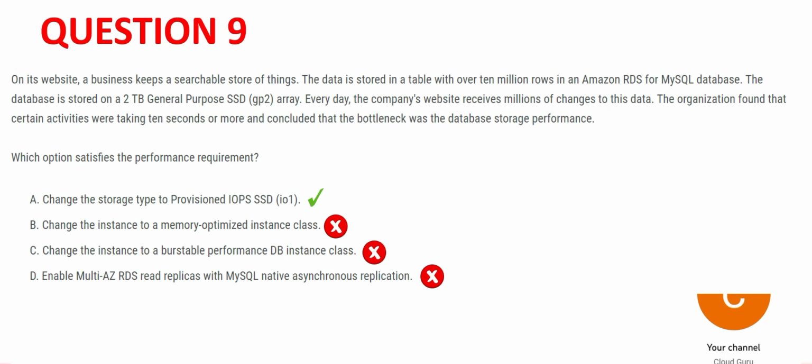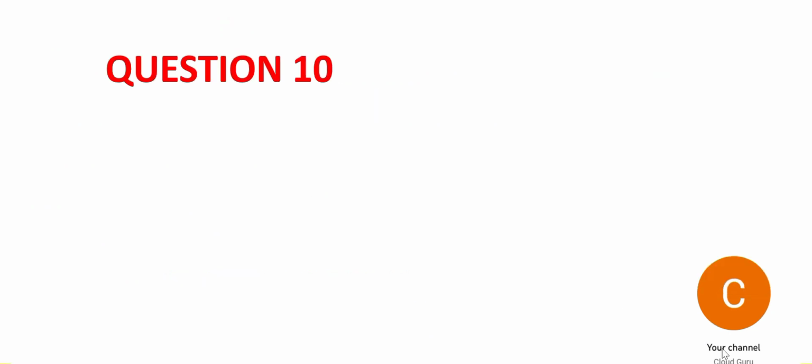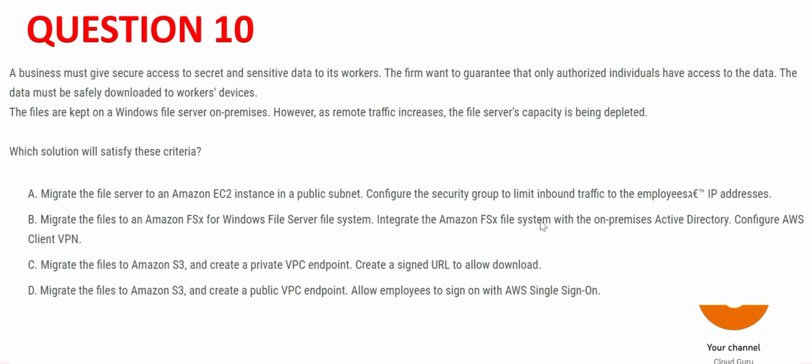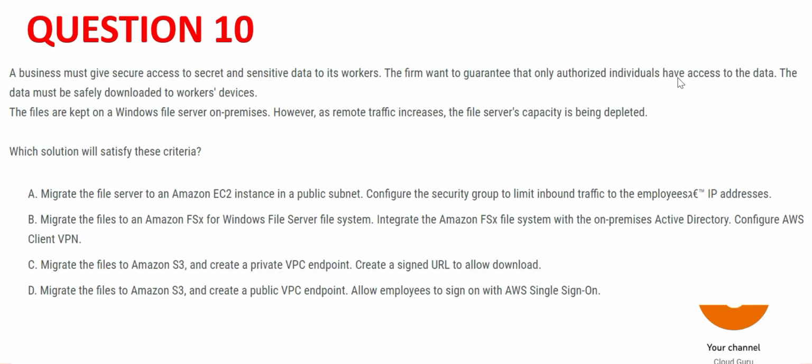Let's look at question 10. You may pause this video and read this carefully. You have some sensitive documents and data, for example, contract documents, and only workers who have rights can access it. They should be authorized individuals. Now, data must be safely downloaded to workers' devices. This is a requirement.